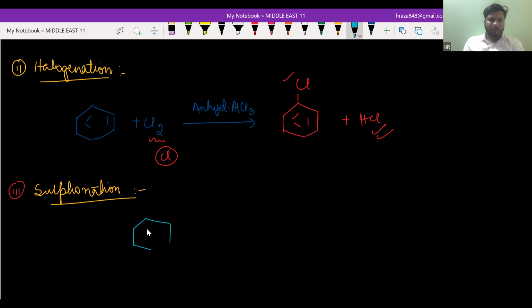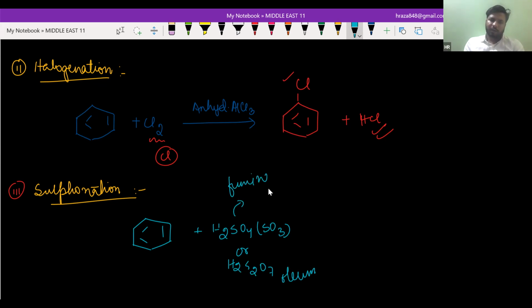First, take benzene and treat it with H2SO4 bracket SO3, or you can write H2S2O7, that is oleum, or you can say fuming sulfuric acid. If you sum it up, you will get H2S2O7, that is oleum.